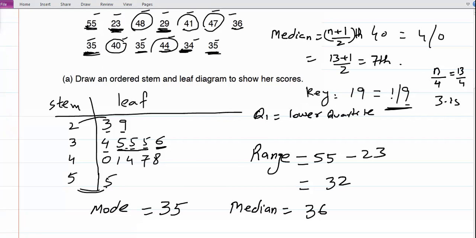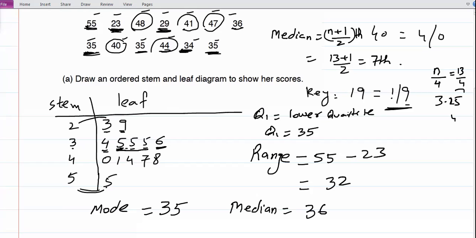But you will never take the decimal value, you will round it up. What number is after 3.25? It is 4. It means the fourth value is the lower quartile. And what will that be? 1, 2, 3, 4. This is the fourth value. It has a leaf 5, so stem 3. So it means Q1 is 35.